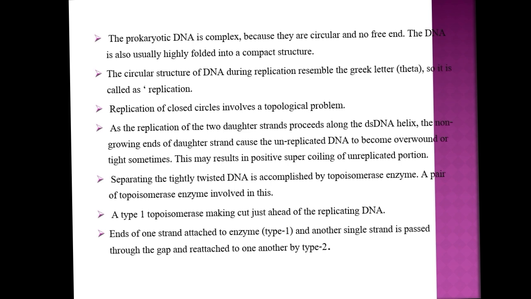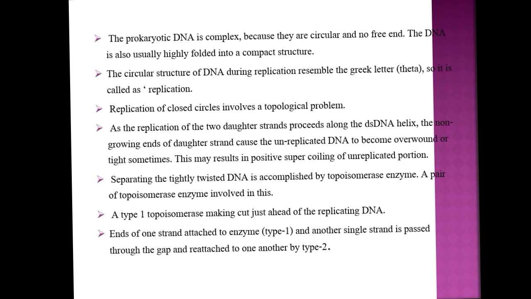The structure of DNA during replication resembles the Greek letter theta, so it is called theta replication. As replication proceeds, the two daughter strands proceed along the double-stranded DNA helix. The non-growing end of the daughter strand causes the unreplicated DNA to become overwound or tight.